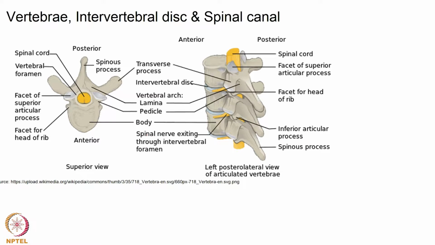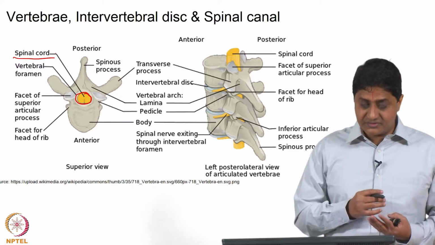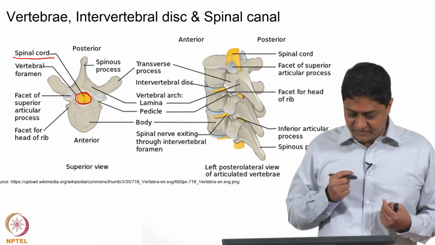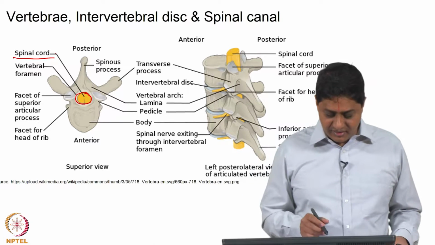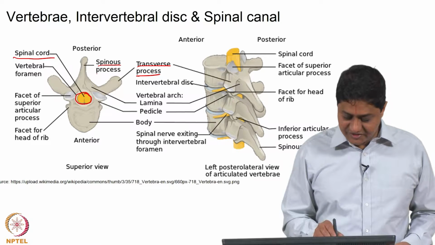So, an example of a vertebra and its process, its anatomy. We will discuss this very briefly. In the center you have the spinal cord, which is the bundle of nerves that I was talking about, and there are transverse processes and other spinous processes.